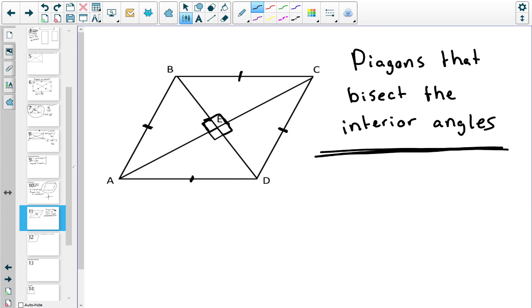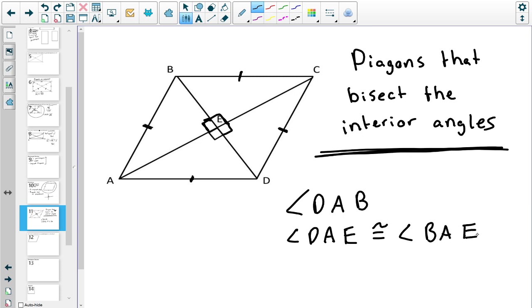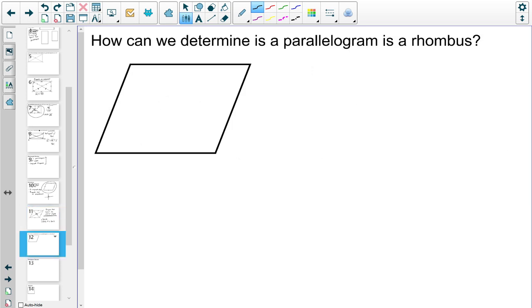For example, if we have angle DAB, that would be this outer one down here on the left side. It is bisected by line segment AC, creating two equal angles, DAE congruent to angle BAE. So that bisects the interior angles. The same goes for line segment BD with angle ABC and the angles that it creates there. So, what can we do with these things?